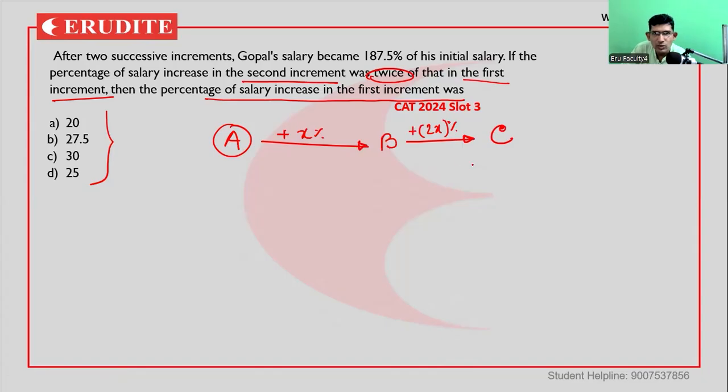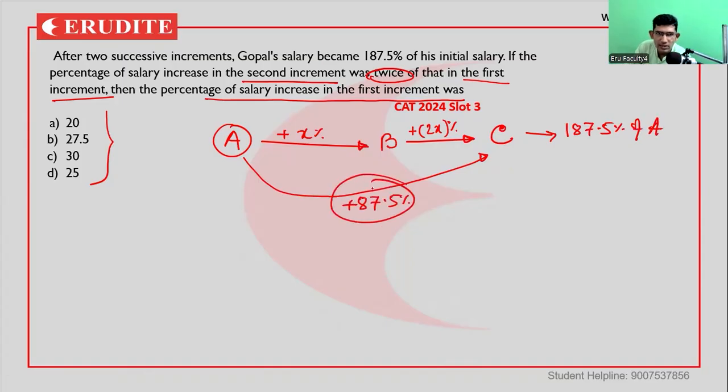The second increment will be 2x%. Now, what's the net increment? A to C is 187.5, meaning C is 187.5% of A. So the net increment must be 87.5% net change, right?